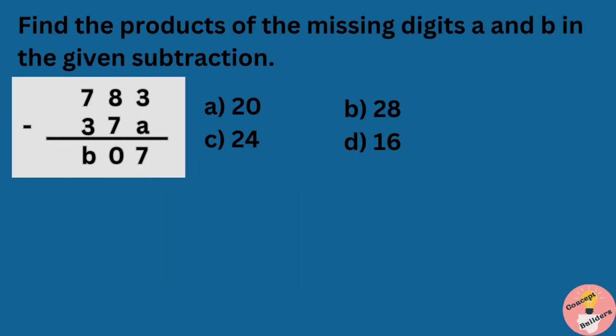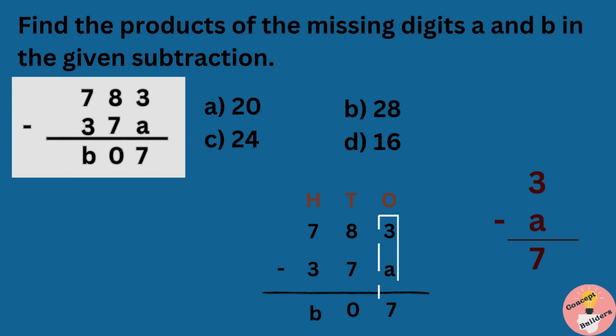Now, let's solve for unknown digits in a subtraction. Here we have two unknown digits A and B, and we have to find the product of them. At 1's place, we see that A has to be subtracted from 3 to get 7, but 7 alone is greater than 3. So, just like the previous challenges, we can understand that this 3 is actually 13.